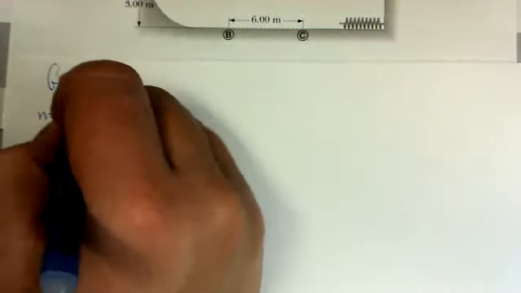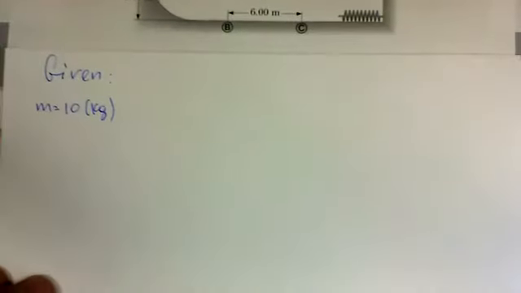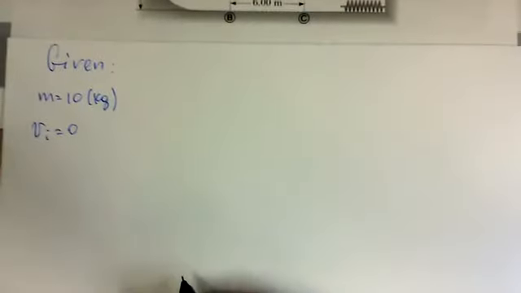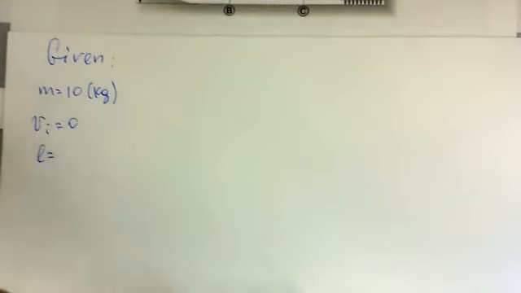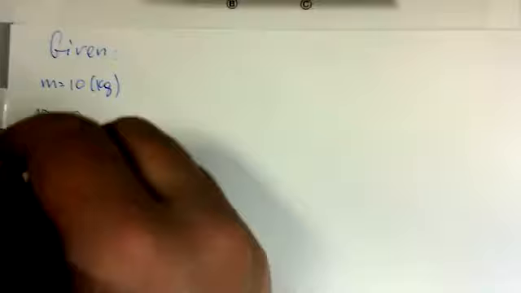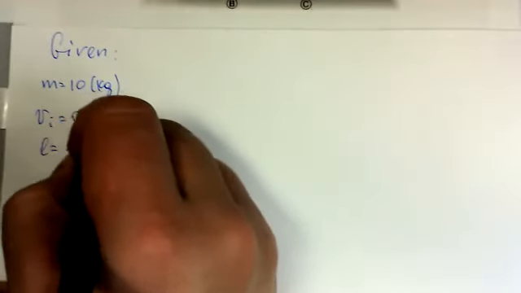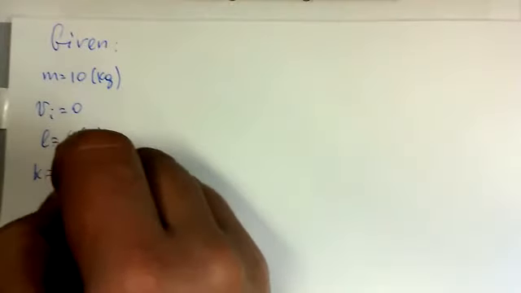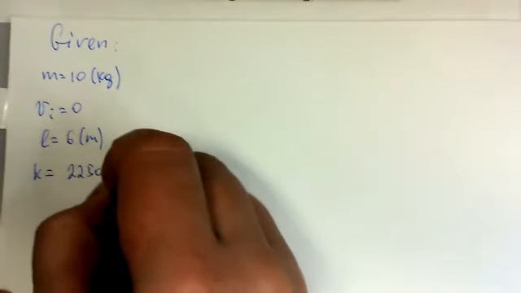So given, the mass of the object is 10 kilograms. Initial speed is 0. The length of the part of this track with friction is 6 meters. We have a spring constant in the problem, it's 2250 newtons per meter.